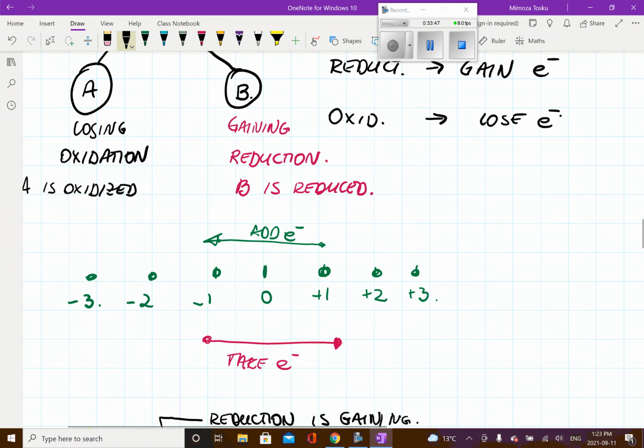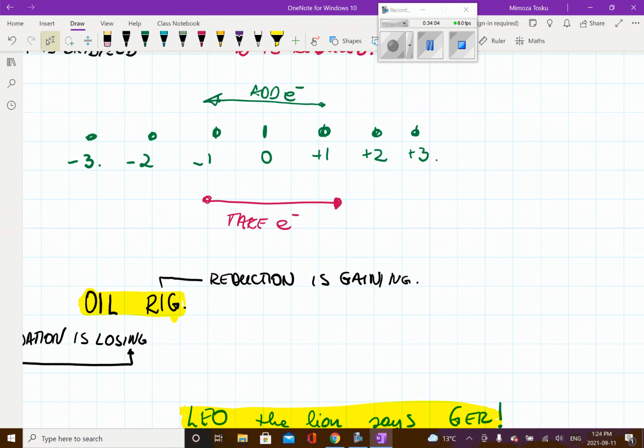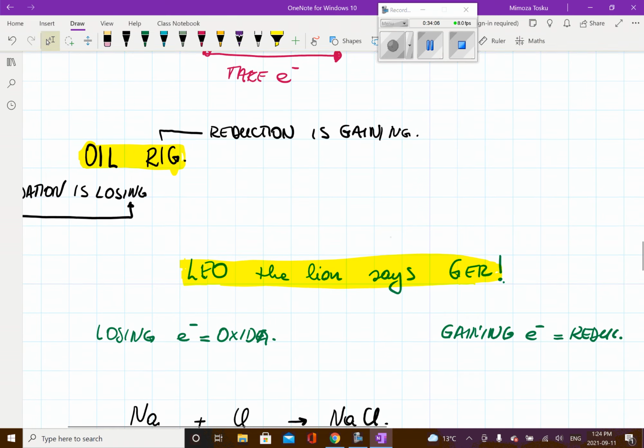You have 3 different ways to see it. The first one is, as you are adding more electrons to the compound, it is becoming more negative, and when we are taking away electrons it is becoming more positive.